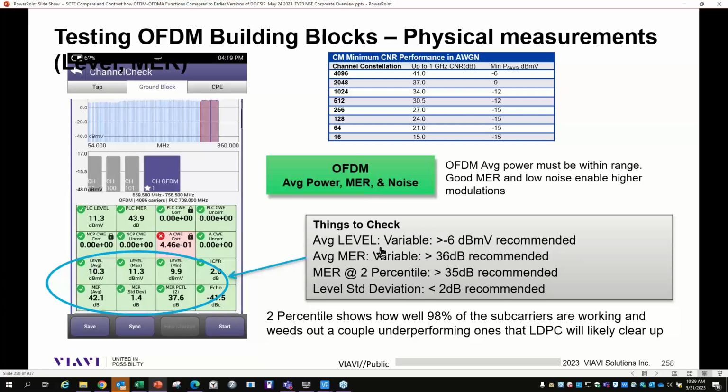So the average level is recommended in order to support these different types of modulation. In this table, at -6, you can still support 4K modulation. If you're at the drop in the customer's home and you get down to -8, 9, 10, 11, 12 as an average power, then you can start to affect the delivery of higher modulation, right?